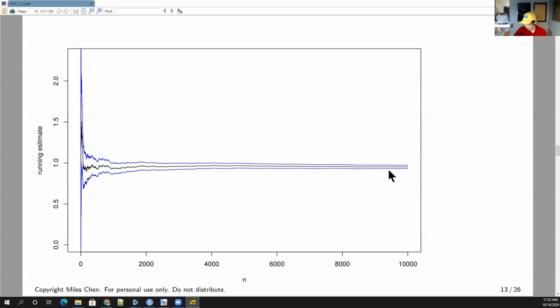Okay, and from here on out, they're basically these 3 lines, and the width of the confidence band just gets more and more narrow as your number of iterations increases.